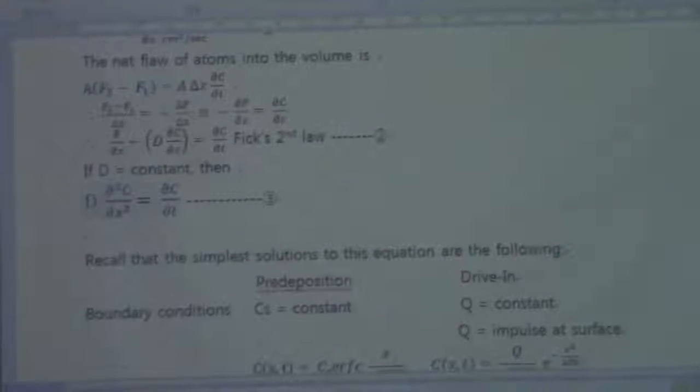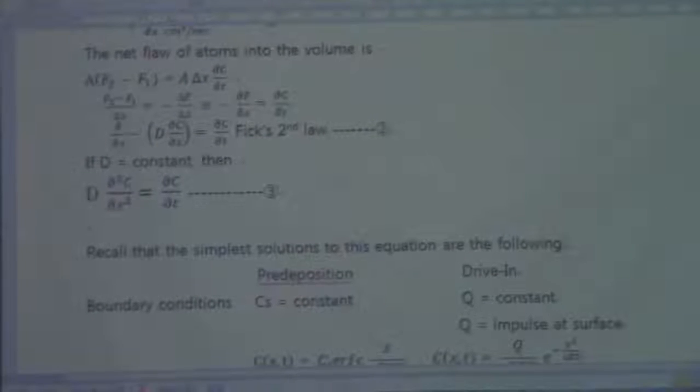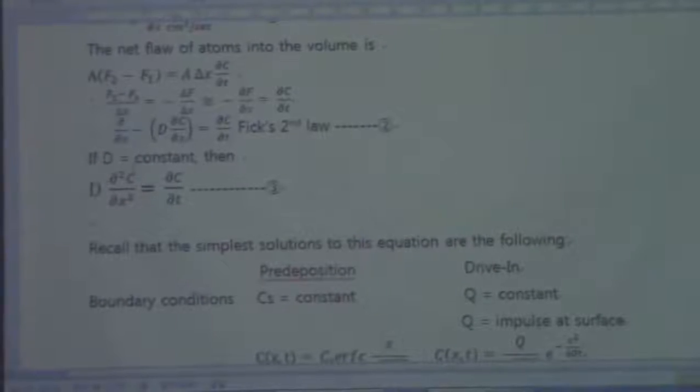Now, diffusion: Fick's first law and Fick's second law. This is Fick's second law, and if the diffusion coefficient is constant, then we can set up equation 3 here.